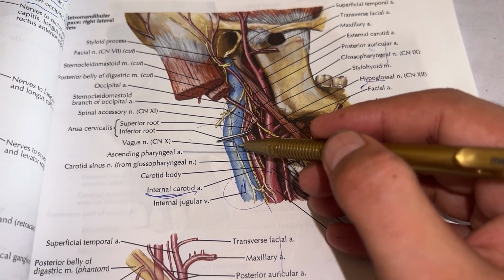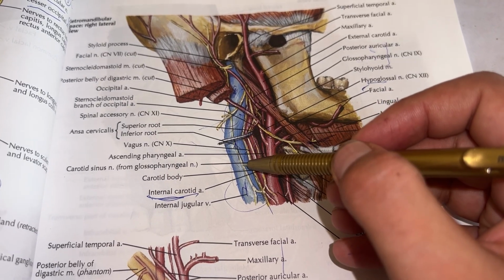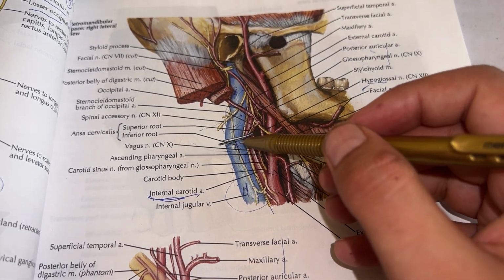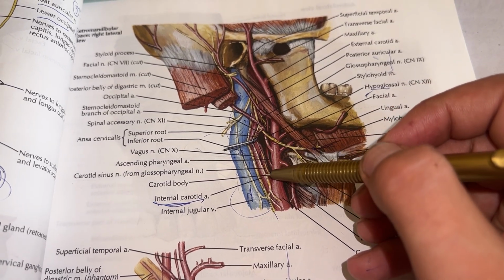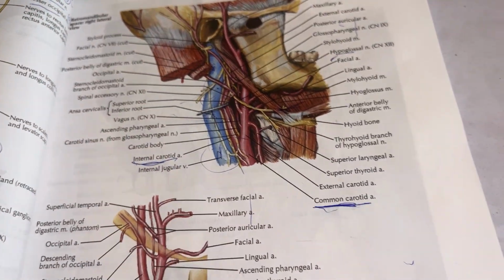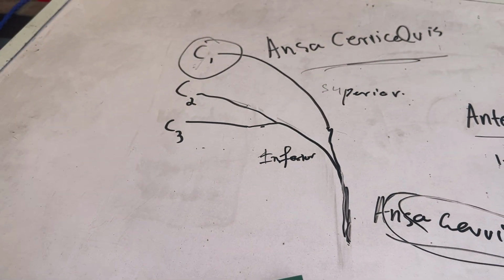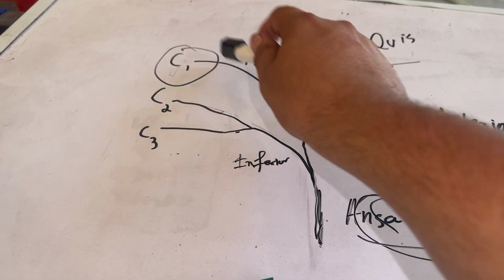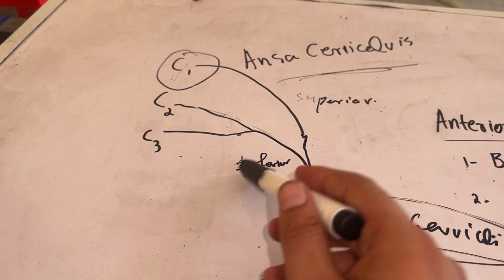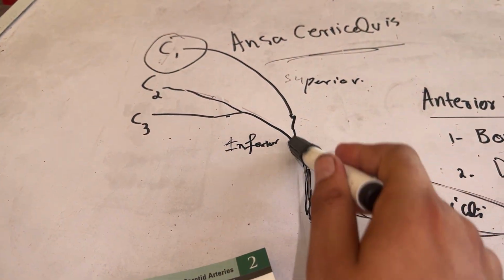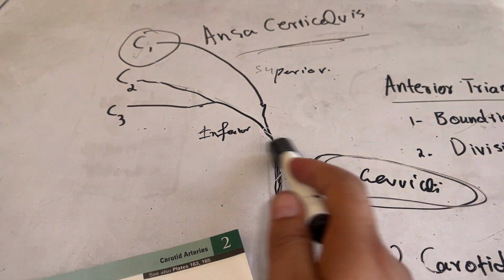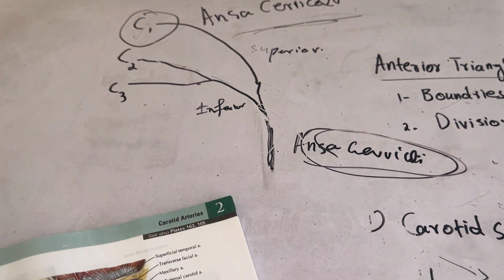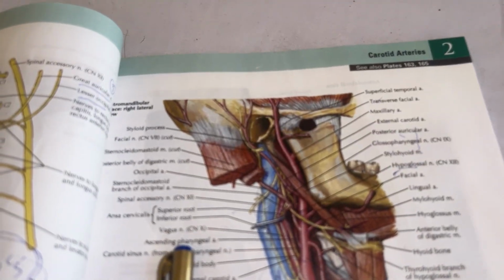This is the inferior root of the ansa cervicalis, okay, while this is the superior root of the ansa cervicalis. The superior root, as I mentioned before, comes from C1, while the inferior root comes from C2 and C3, and both of them combine to form the ansa cervicalis nerve.